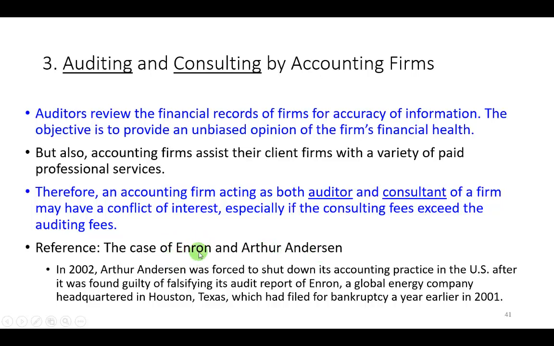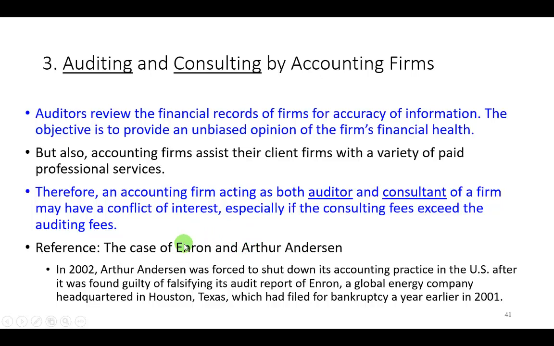So Enron was the big utility firm headquartered in Houston, Texas, and Arthur Andersen was one of the big five accounting firms that provided false reports about Enron, and no one knew that Arthur Andersen at the same time was hand in glove with Enron.